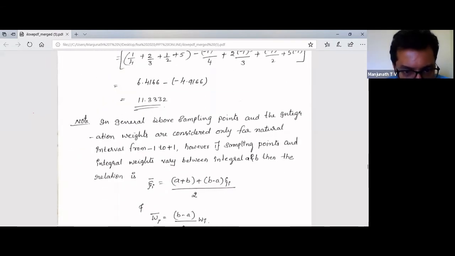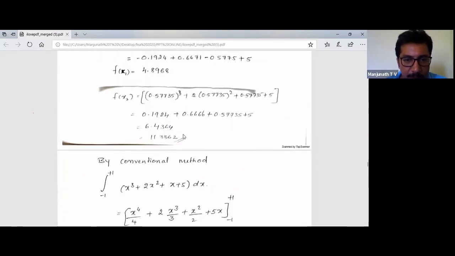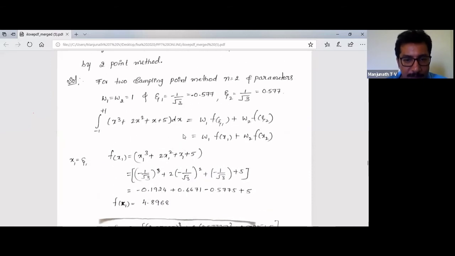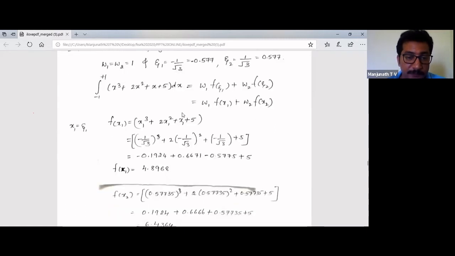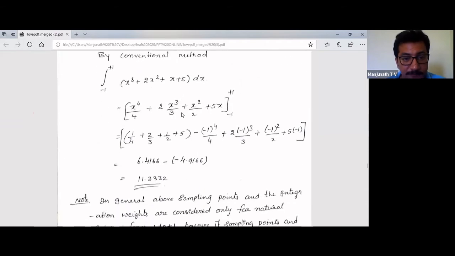After that, whatever the W1, zeta1, W2, and zeta2 values we have got are for the variable varying from -1 to +1 in the integration. But what if it is varying in a different way?